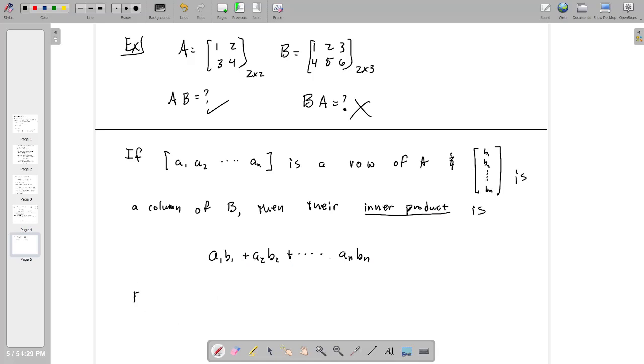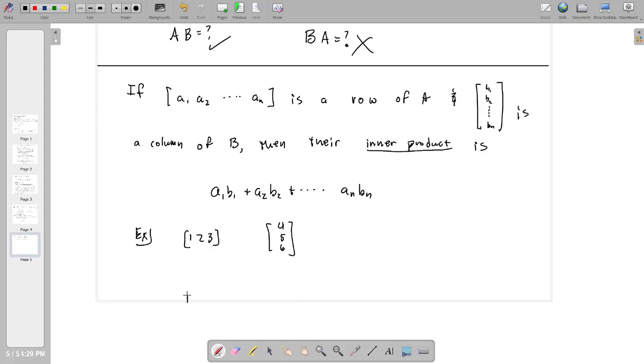For example, suppose that a row of A was 1, 2, 3, and a column of B was 4, 5, 6. Then the inner product of these two would be 1 times 4 plus 2 times 5 plus 3 times 6.